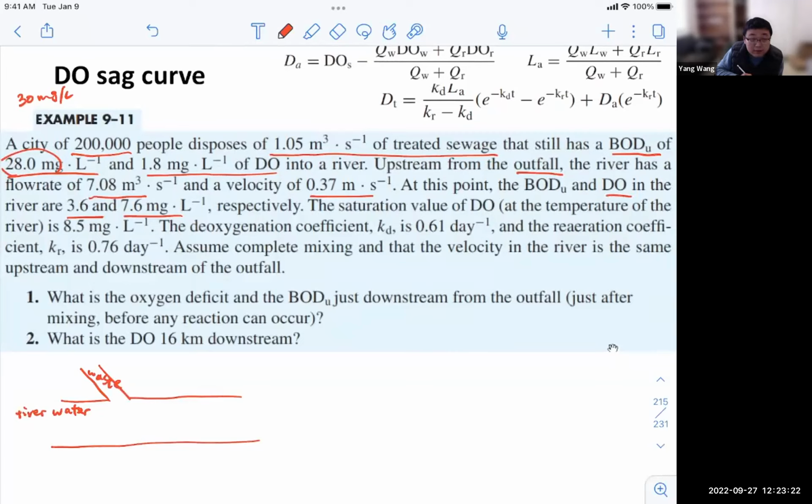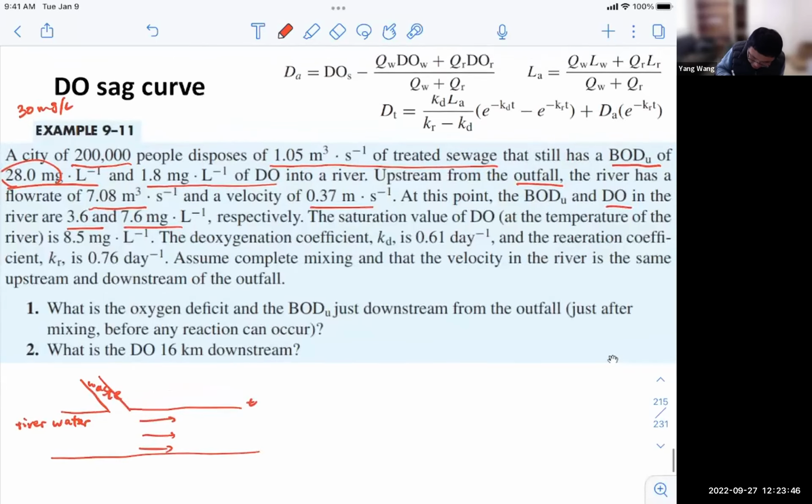And then there's mixing, and then we have this further downstream. So in the DO sag curve, the dissolved oxygen is going to decrease and then further get back up. So from this condition, we can try to write out the different values.